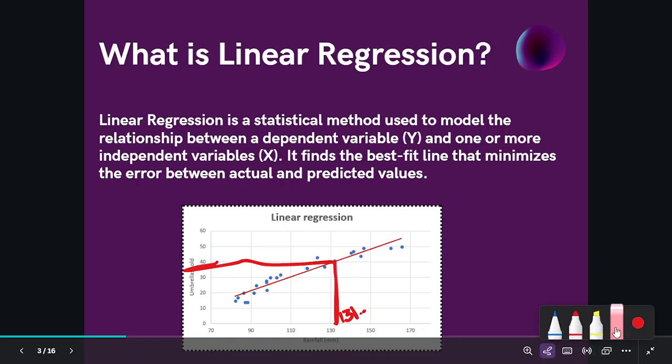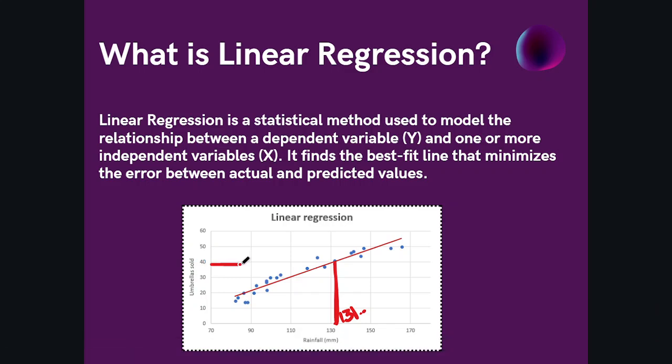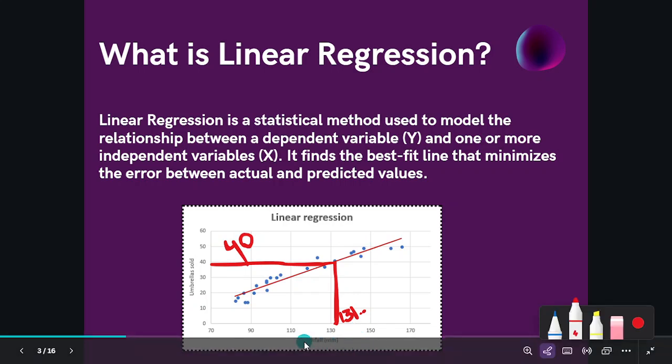Just draw a straight line, you will find it. So this is basically 40 units of umbrellas sold when the rainfall was 131 mm.